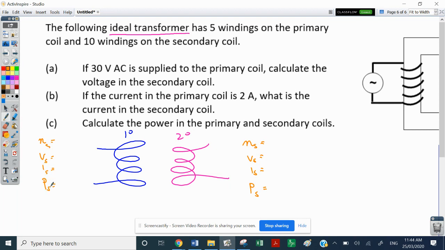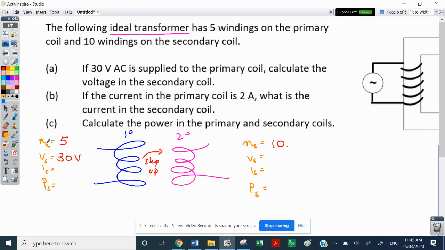Let's fill in the information from the question. It's got 5 on its primary and 10 on its secondary. So in this case, it is a step-up transformer. My diagram is not a good one because it makes it look nearly equal. We've been told that there's 30 volts AC in the primary.